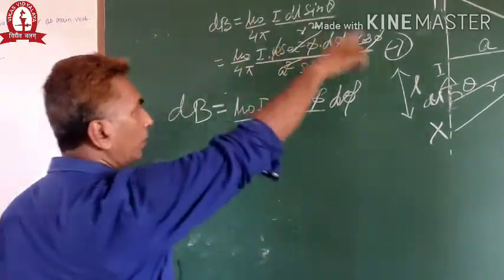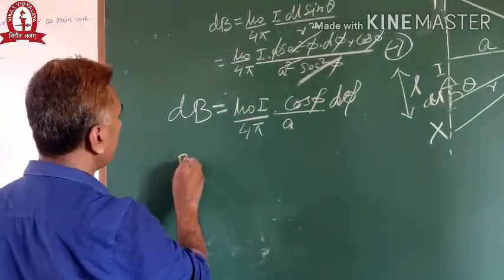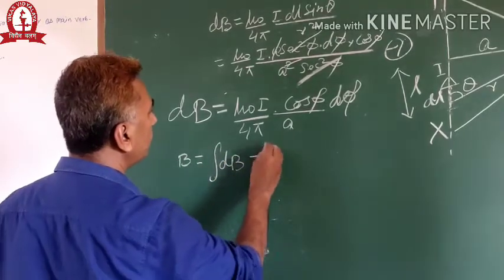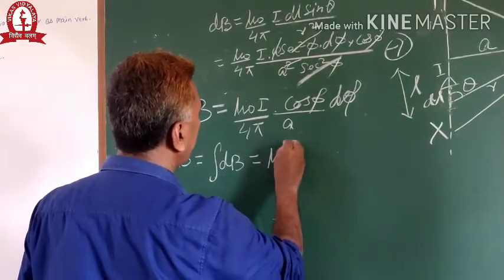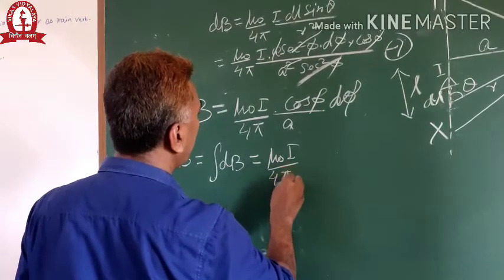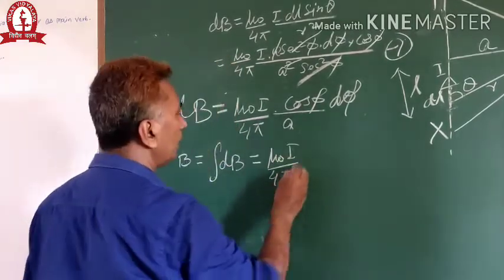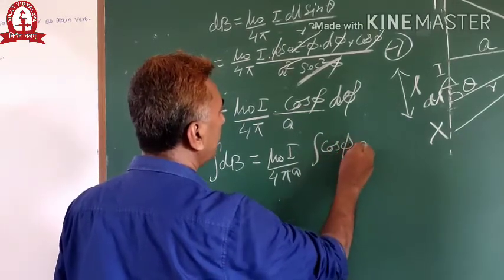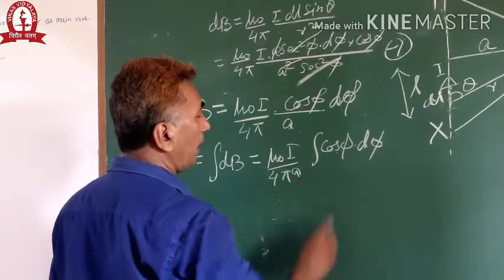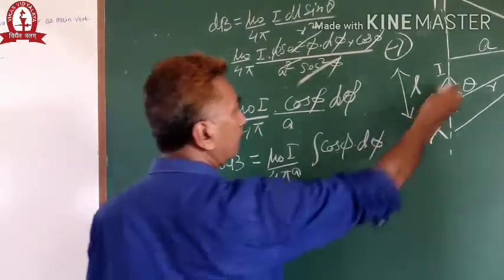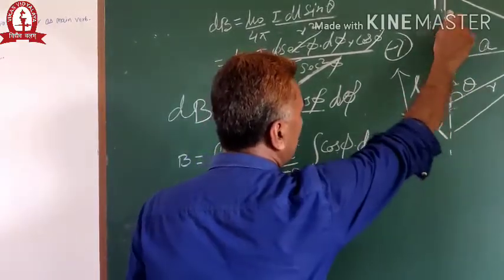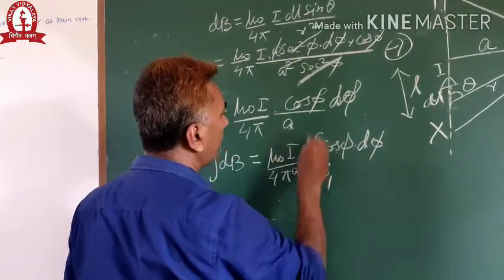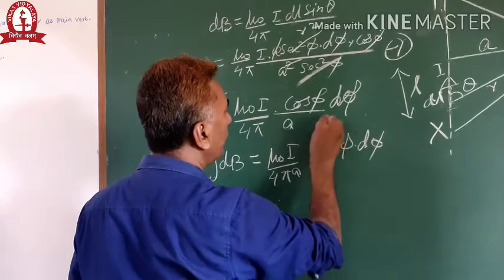Now for the whole wire, B is equal to the integration of dB, which is the constant mu naught I by 4 pi a into the integration of cos phi into d phi. The limit will be, because this angle is below and this is upward, minus phi 1 to phi 2.